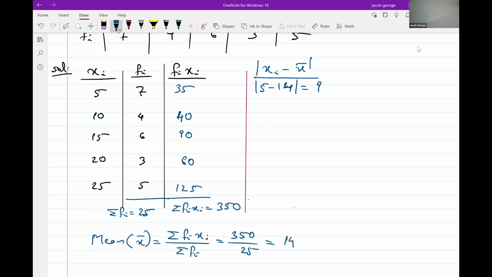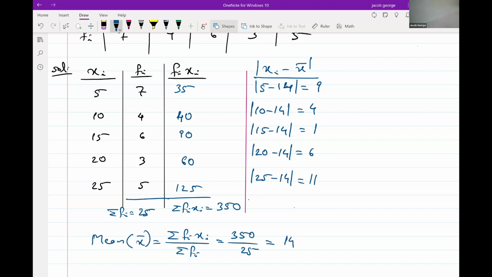Then modulus 10 minus 14, each xi value minus this x bar, is equal to 4. Modulus 15 minus 14 is equal to 1. Modulus 20 minus 14 is equal to 6. Modulus 25 minus 14 is equal to 11. So these are the modulus xi minus x bar.